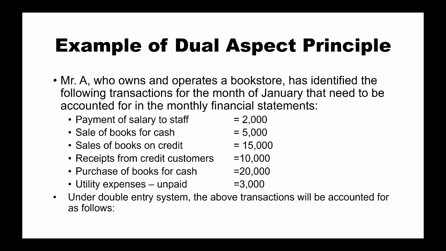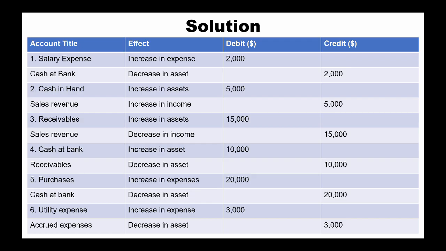Payment of salary to staff 2,000, sale of books for cash 5,000, sales of books on credit 15,000, receipts from credit customers 10,000, purchase of books for cash 20,000, utility expense unpaid 3,000. So under the double entry system, the above transactions will be accounted for as follows.